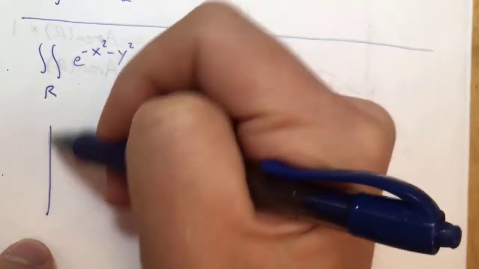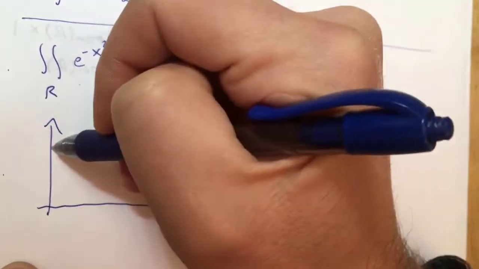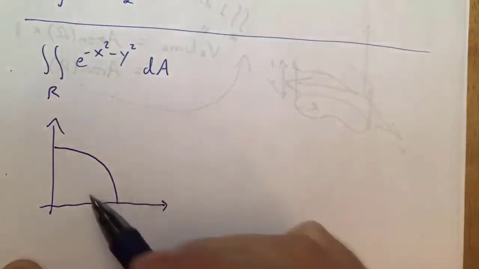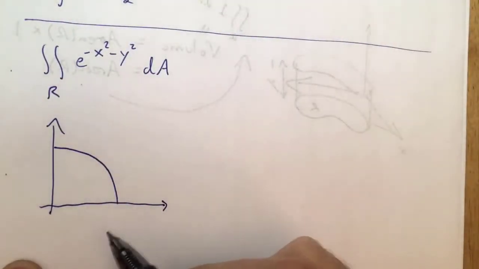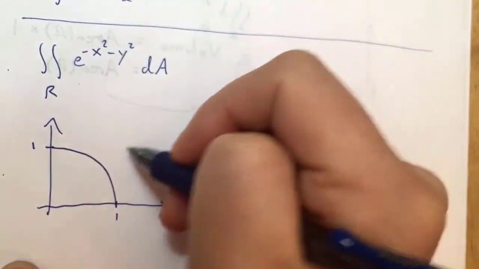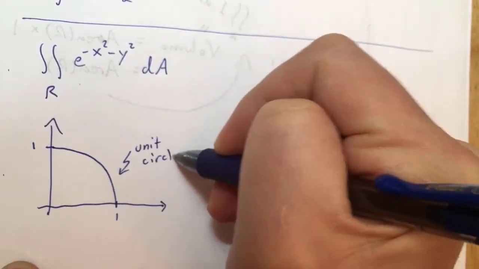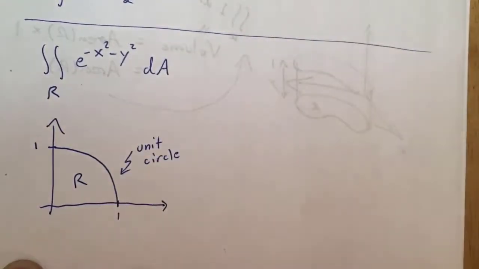Let's draw this picture down here. We'll just integrate over the upper right corner of a unit circle. Okay, so this is 1, this is 1, this is the unit circle, and inside that is R.